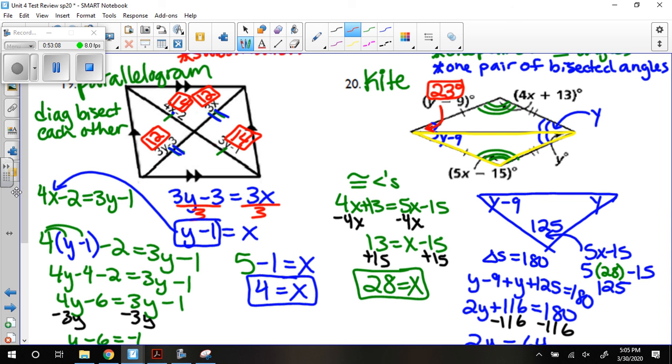For this top angle up here, if I do 4 times my x value, so 4 times 28 plus 13, that equals 125 degrees. That's for this angle. Which means this one down here is also 125 degrees because they are congruent. And then my y value was 32, so this angle right here is 32 degrees. Those were my labeled angles that I needed to find the measure of.